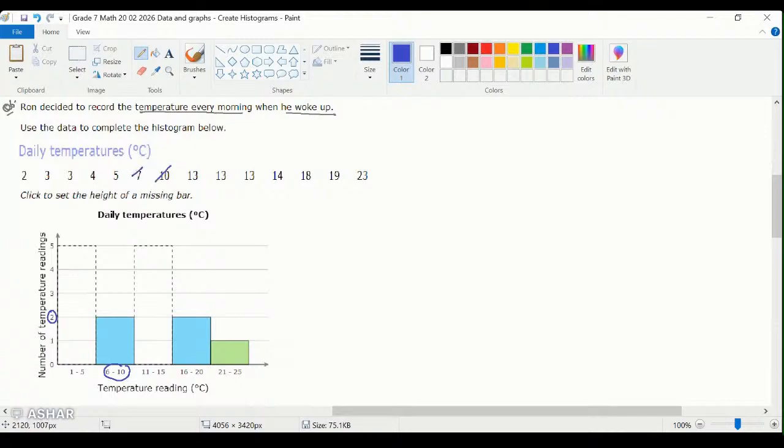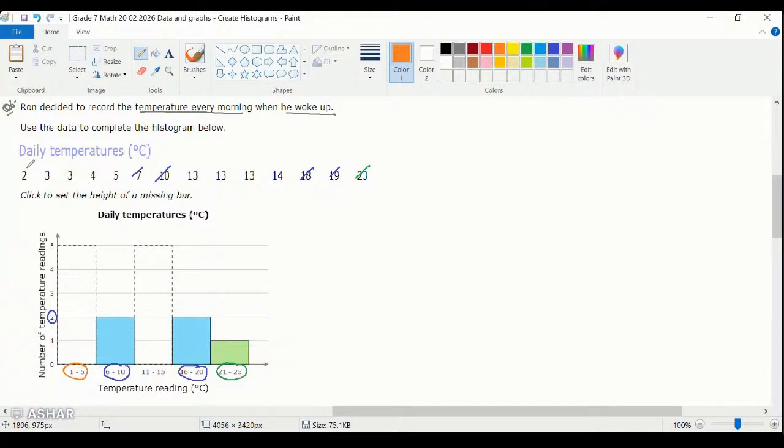Is there any other value between 6 and 10? No. 16 and 20, there were only two possibilities over here. Agreed. And there was only one possibility for the temperature between 21 and 25. Agreed.